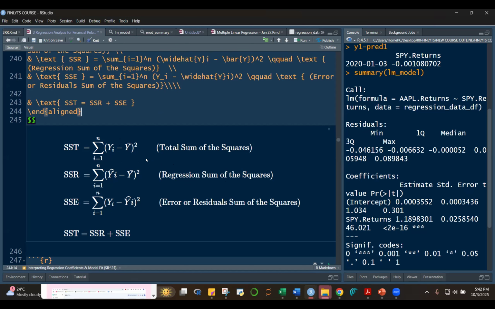Ibig sabihin, we're not going to use our exogenous variable, which in this case is SPY returns. Gamitin na lang natin yung average mismo ni Apple. So si Apple model natin, i-average na lang natin siya. So ang projection natin, ang estimate natin, no matter what the value of your SPY returns, yung average lang.